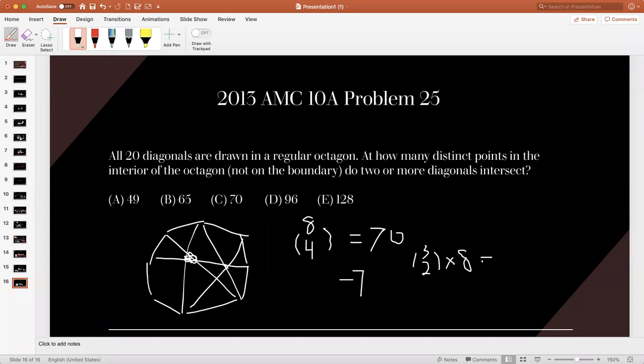So we get another 24. So we have to deduct 24 also from the total. And those are all the intersections that we find. After we have those, it's 70 minus 31, which gives us an answer of 49.